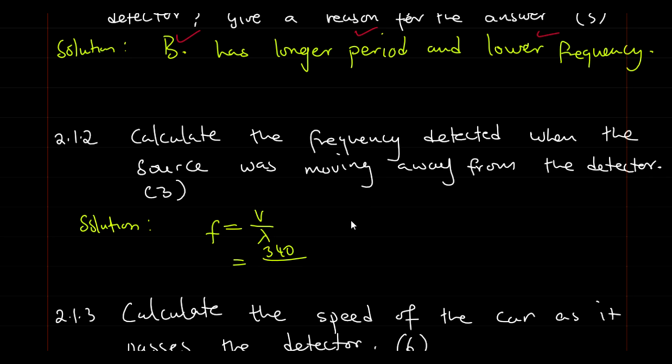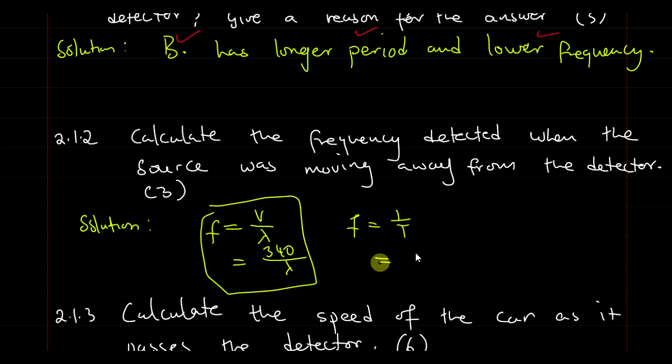Okay, so there's another formula that relates frequency with what? With period. So we will use this one. We could have used the other formula if we were given pressure against distance, but now we are only given period, so we will use this one.